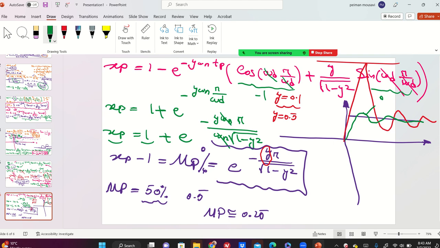Okay? If your system shows this kind of response, this huge overshoot, you have to use, I'm going to show you how, a PD controller to reduce it.